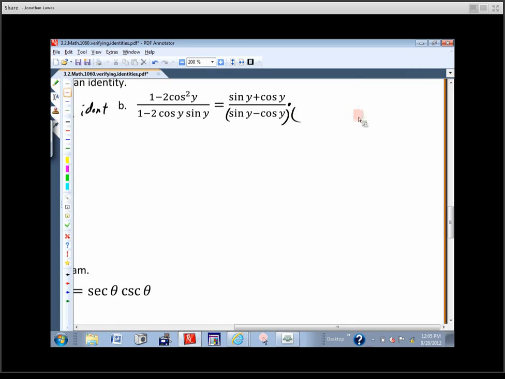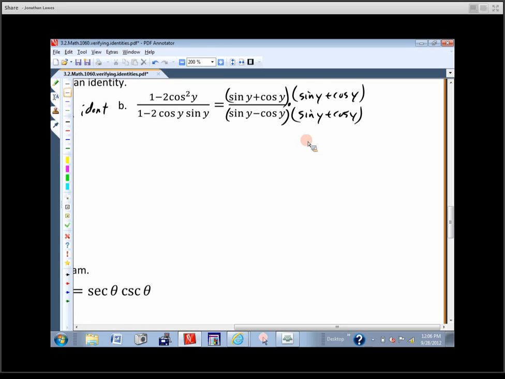So let's take a look here. What's the conjugate of sine y minus cosine y? Sine y plus cosine y. Now, I haven't changed this side. I've just multiplied it by a funny looking 1.